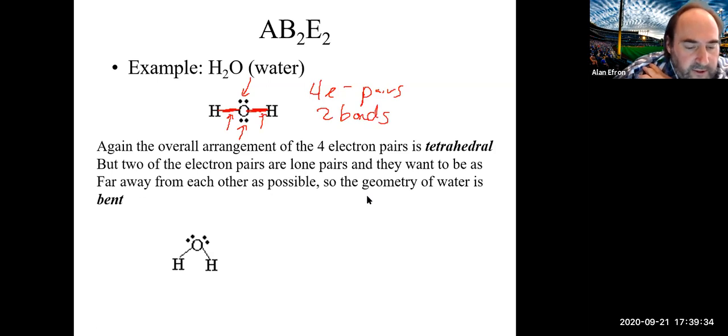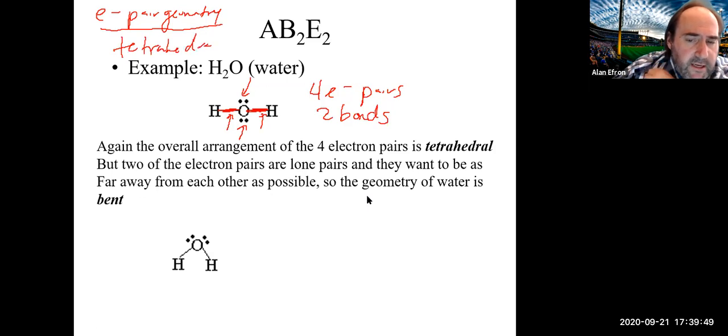So with 4 electron pairs, again, in terms of the electron pair geometry, it is going to be tetrahedral, because it does have the 4 electron pairs. But the molecular geometry, or the shape of it, will be a little bit different.